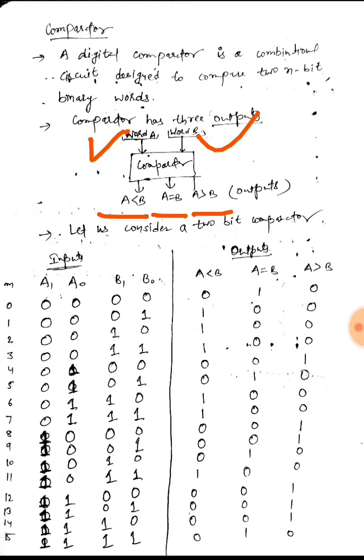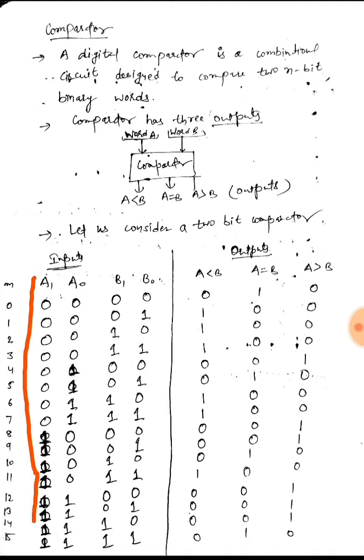So let us consider a 2-bit comparator in which I have two words, A and B. For A I am using 2 bits, A0 and A1. Similarly for number B I am using 2 bits, B0 and B1. I have drawn the truth table for the inputs A0 A1 B0 B1, which can be represented in the form of minterms from 0 to 15, as we are using 4 input variables.